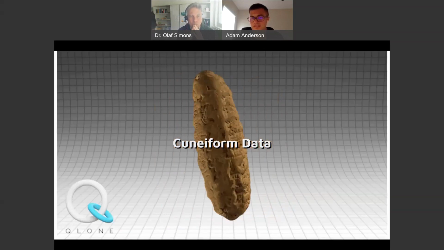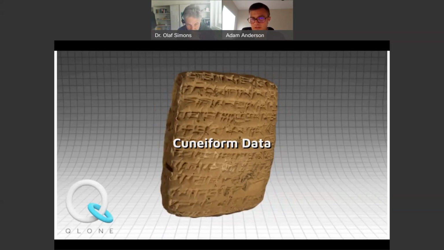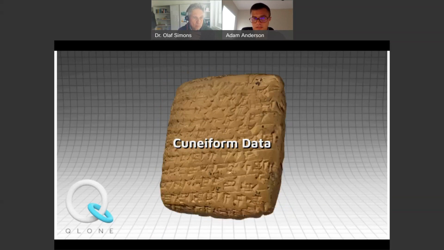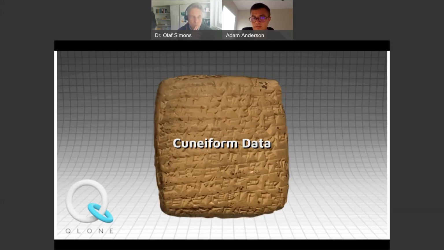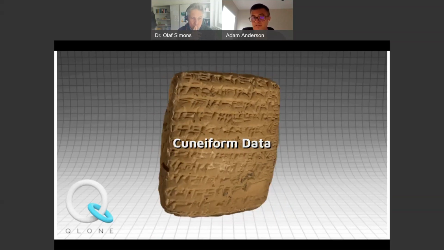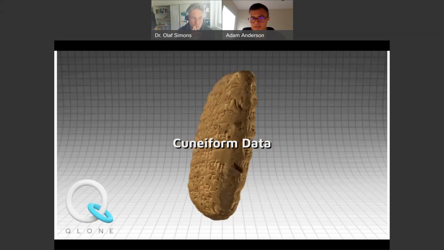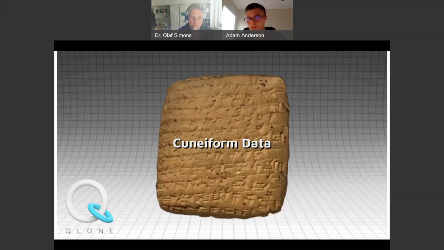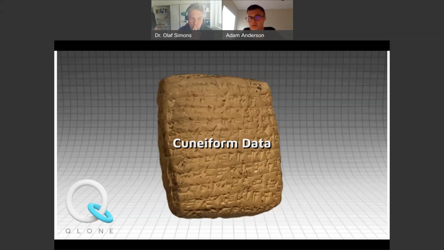So the data itself is obviously multidimensional. There's writing on all 6 sides of these cubes, and they are written in many different directions, but typically left to right. So that is something of a challenge when we're photographing these, because there's sometimes writing on the edges that makes it difficult.